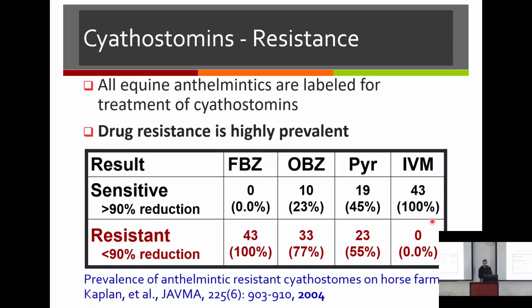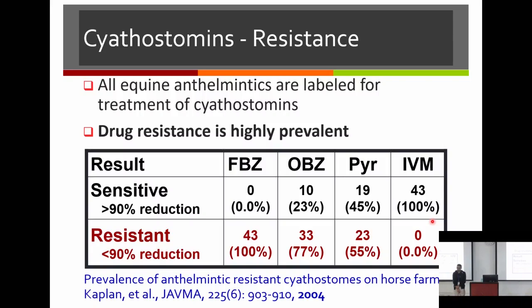Okay, so some knowledge check. Oh yes. So is this resistance only for the cyathostomum? Yes. So not for the large strongyles? No. That's why we want to differentiate them, and you can't differentiate with the fecal egg count.